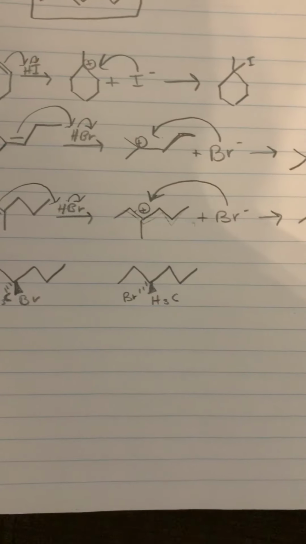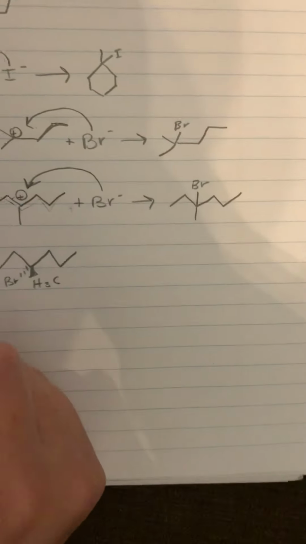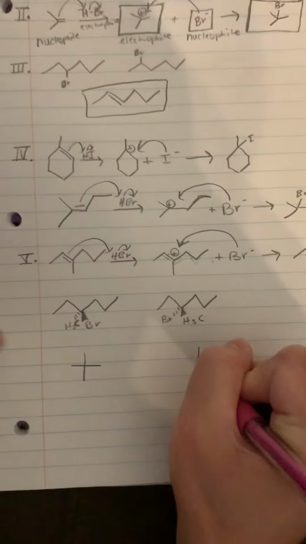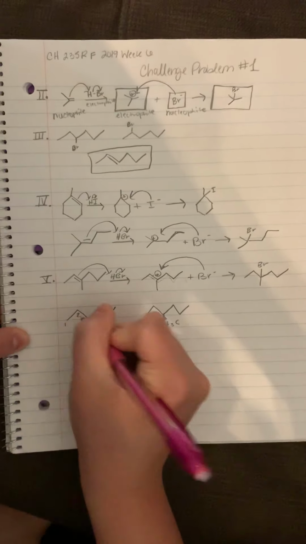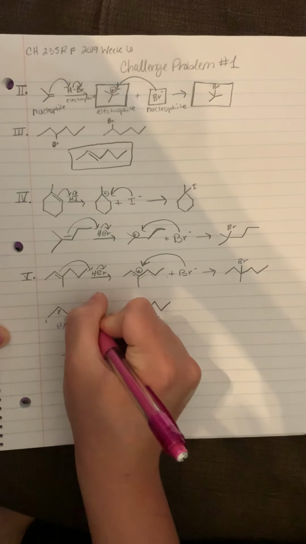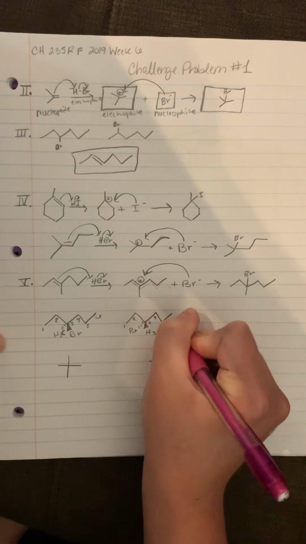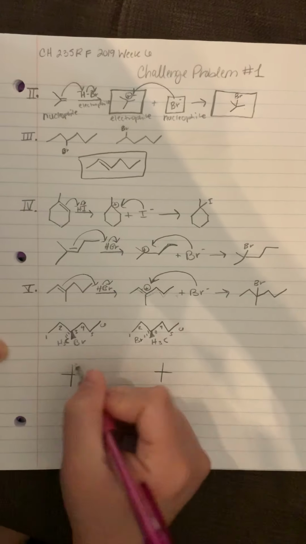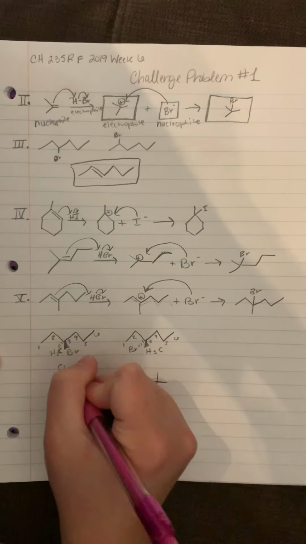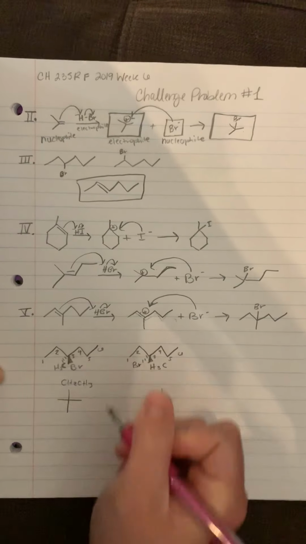Alright, so the configuration for each of these, I'm going to label the carbons going from left to right. So we're going to say that this up here is CH2, CH3.